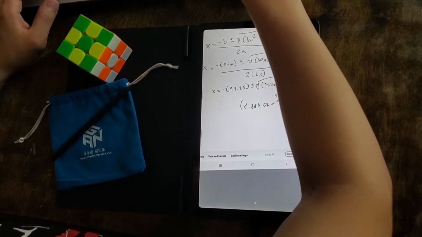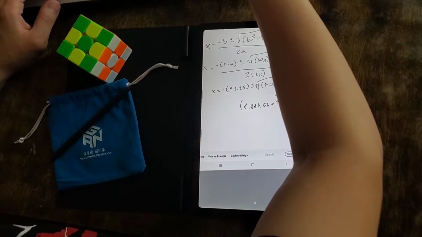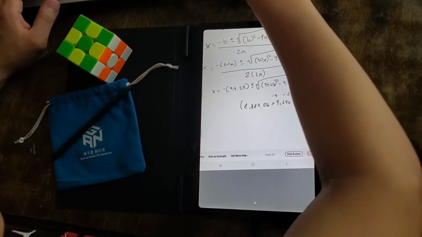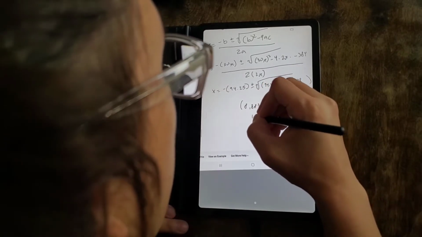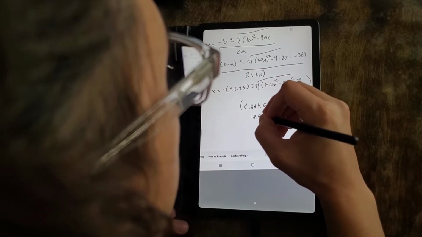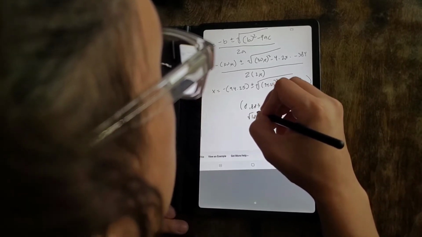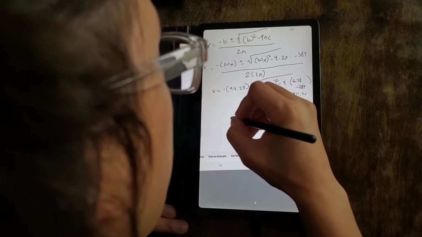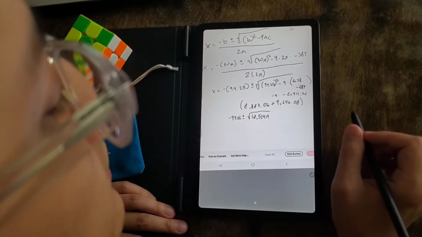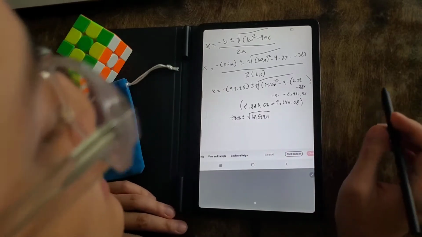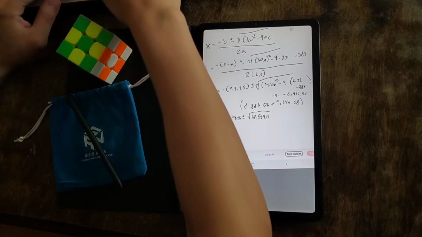So we got 8,883.06 plus 9,646.08. And now you get 18,529.14. This is still all under the square root. We have negative 94.25 plus minus square root of 18,529.14.